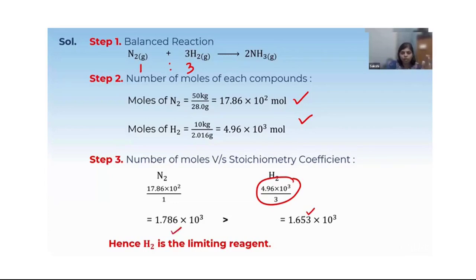So if the amount of nitrogen is 7.86, then the amount of hydrogen should have been 7.86 into 10 power 2 into 3 moles, right? But it is less. It is 4.96. It is not thrice. So if I divide it by 3, I should have gotten 17.86, but it is less. That means hydrogen is getting finished first. So we will say that hydrogen is the limiting reagent, right?